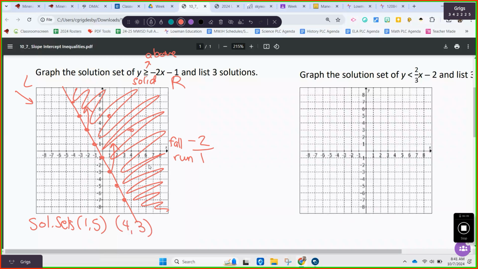What's a tricky solution that is special to this specific line? No. It's part of the solution. Negative 1, 1. Why is that a tricky one? Because it's a dot on the line itself.